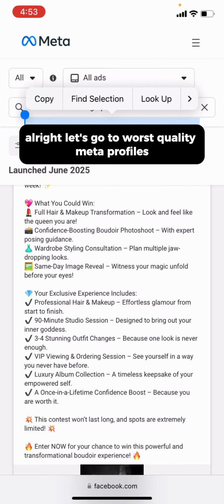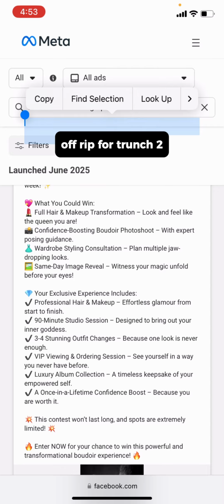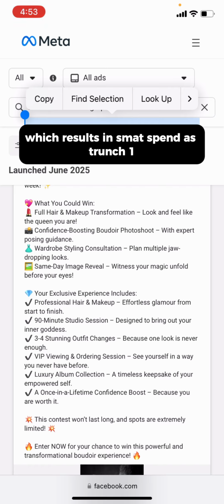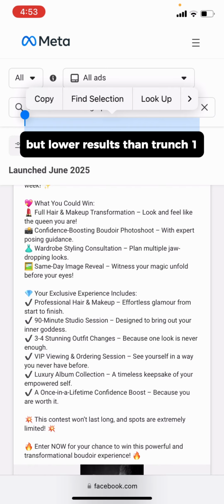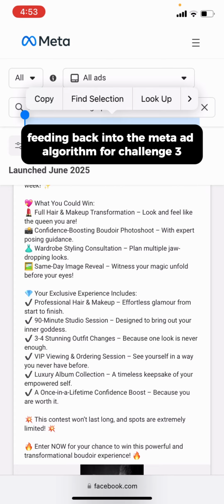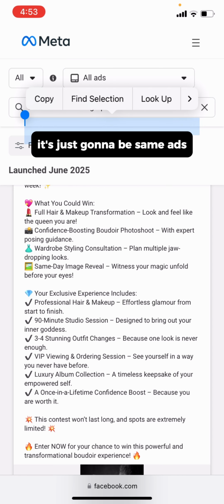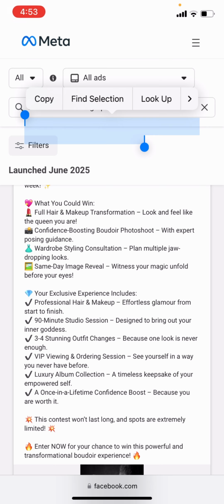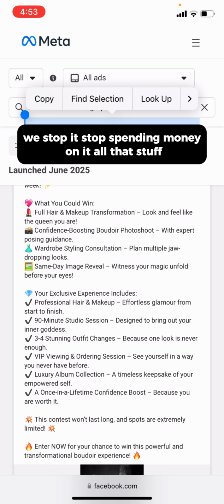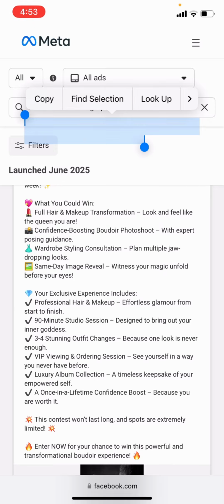Our ads go to worse quality Meta profiles for tranche 2, which results in the same ad spend as tranche 1, but lower results than tranche 1, feeding back into the Meta ad algorithm for tranche 3. If we've entered the downward spiral of despair, it's just going to be the same ad spend, worse and worse results over time till the ad burns out or we stop spending money on it, all that stuff.